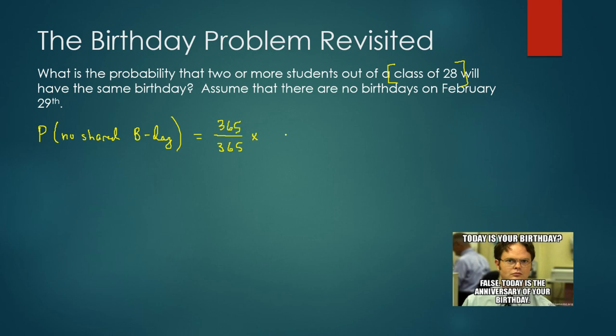However, when the second person is asked, to make sure that they don't share a birthday, they only have 364 days to choose from of the 365. So there's a 364 in 365 chance they won't match. For the third person, there's now a 363 out of 365 chance that their birthdays won't match because 2 days have been used up. And we do this for all 28 students in the classroom. So if you count down from 365 and include 28 numbers, that gets you down to 338.